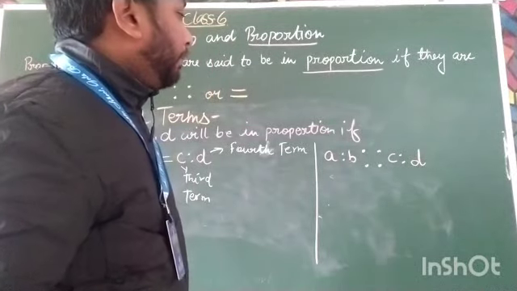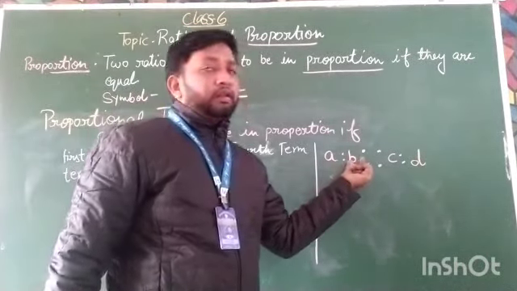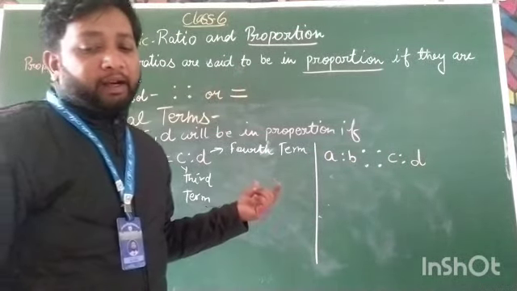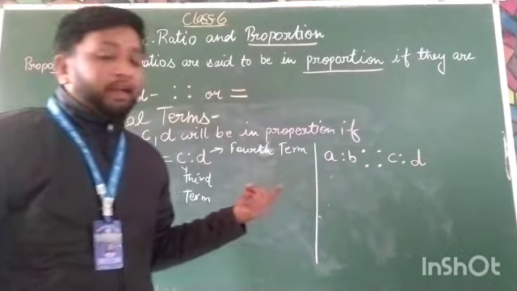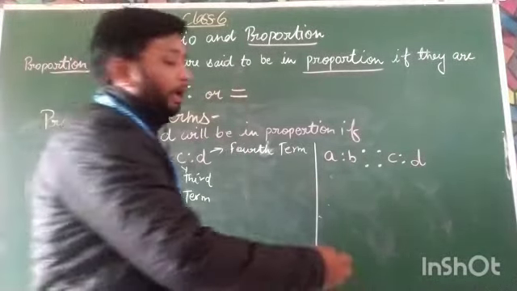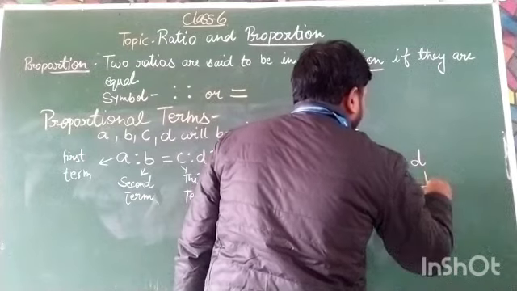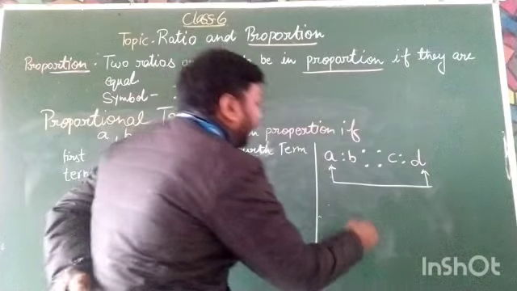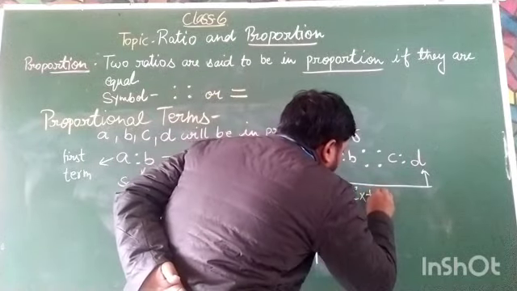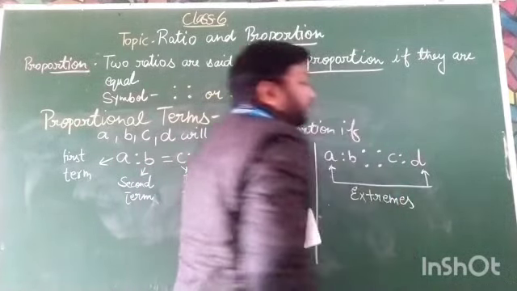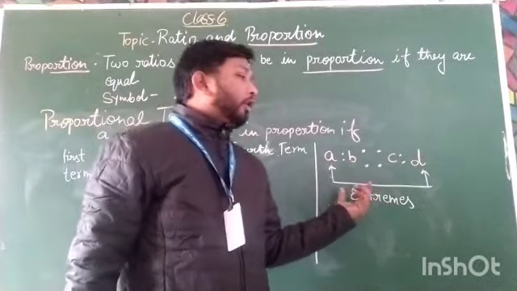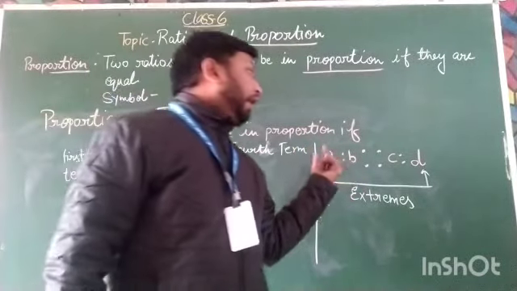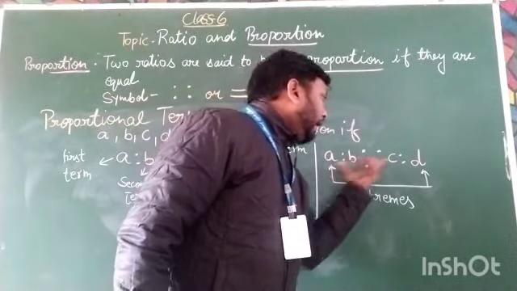And what are the names of the numbers? The numerators of both ratios are A and C, and the denominators of both ratios are B and D. Here A and D are known as extremes, because both the numbers A and D are the corners of that expression.